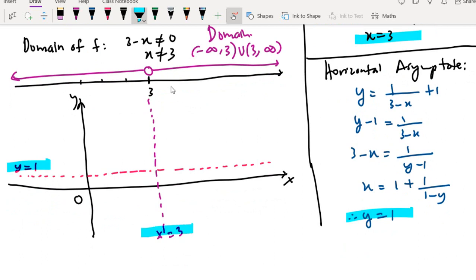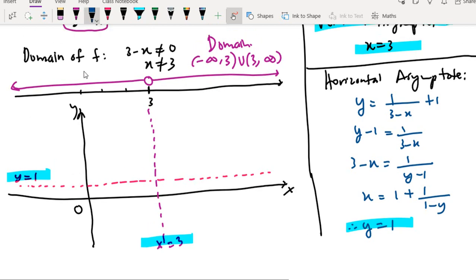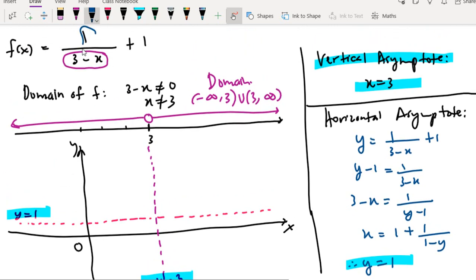Now we sketch the graph. The graph of 1 over minus x is in the second and fourth quadrants, since 1 over negative is negative.